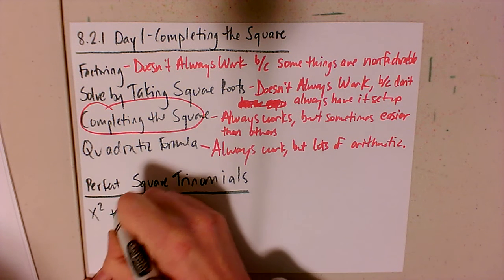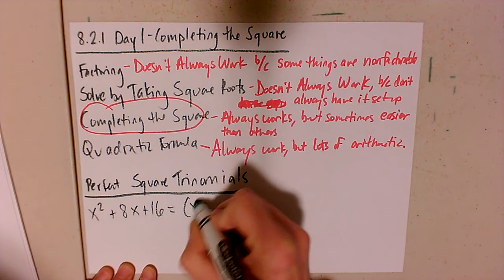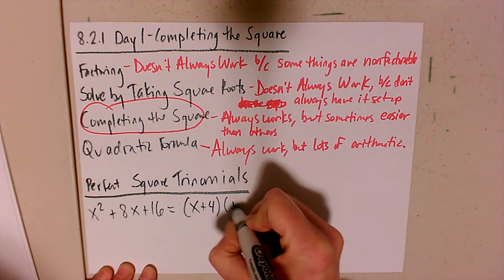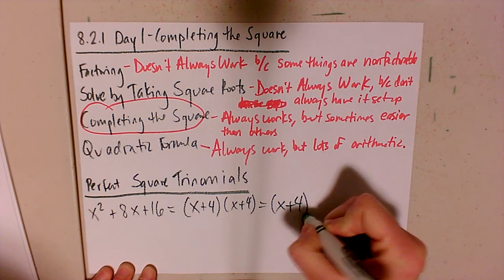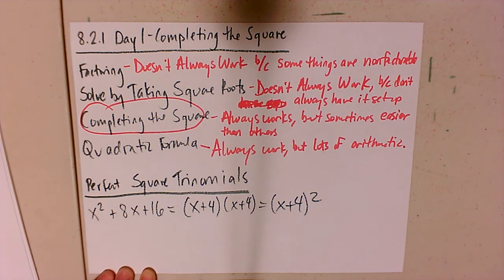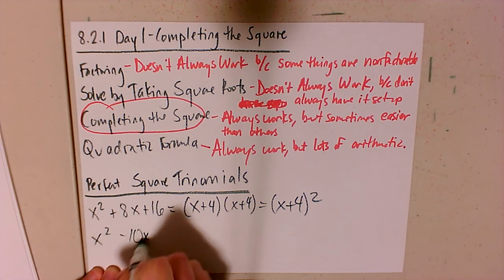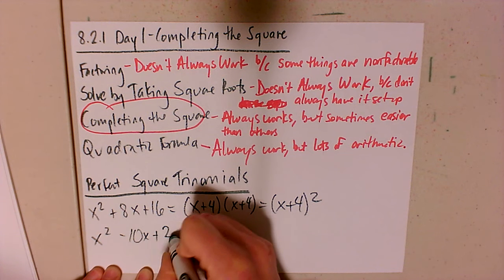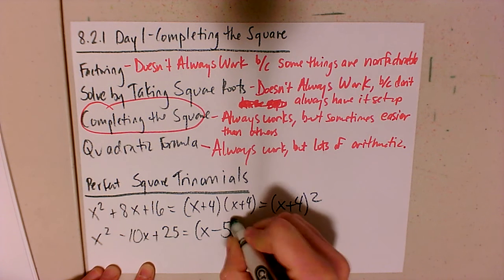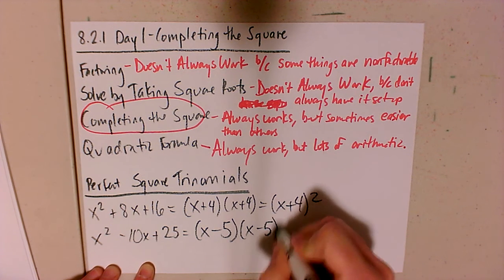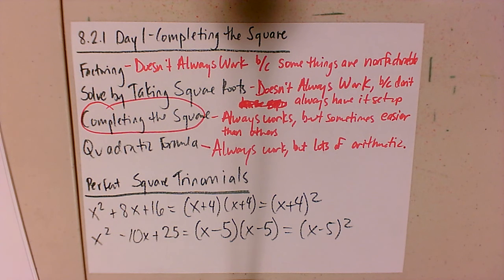We could have x squared plus 8x plus 16, and if we factor that, that would give us x plus 4 times x plus 4, or x plus 4 squared. Or we could have x squared minus 10x plus 25, and if we factor that, that would give us x minus 5 times x minus 5, which is x minus 5, the whole thing squared.